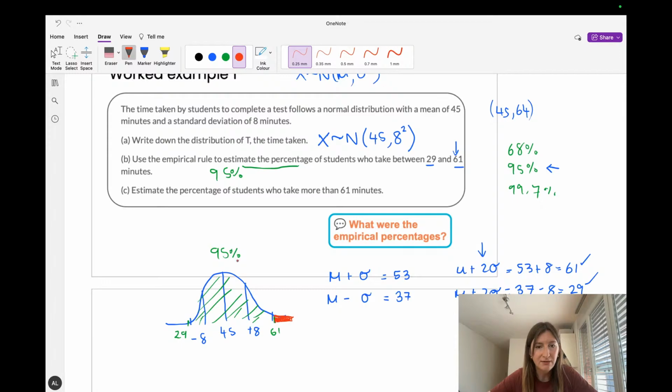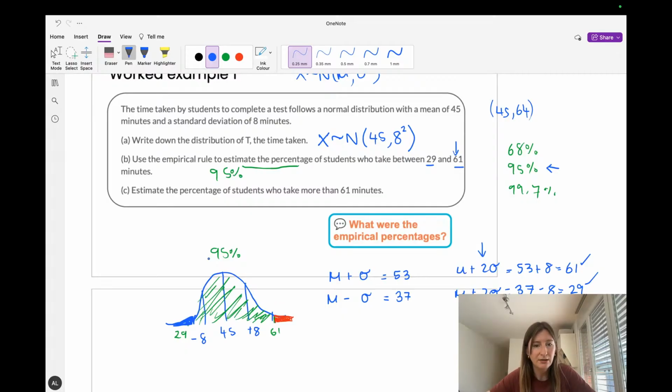Well, if 95% is happening in this green area, that means, I'm going to put another area here that we haven't calculated, before 29. Remember, it's symmetrical about the mean. So this area here is the same as this area here. So if 95% is in the middle, that leaves 5% for the remaining 2 parts.